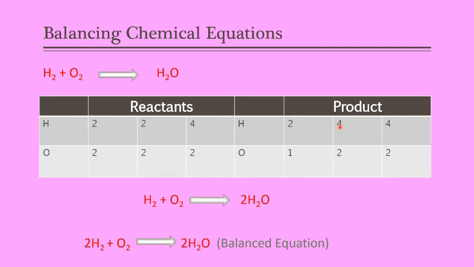To have 4 hydrogen atoms on the reactant side, we multiply H2 by 2 and write 2H2. So the number of hydrogen and oxygen atoms becomes equal on the reactant and product sides. Hence, it is a balanced equation. Remember, you must always balance your chemical equation. Never leave them unbalanced.